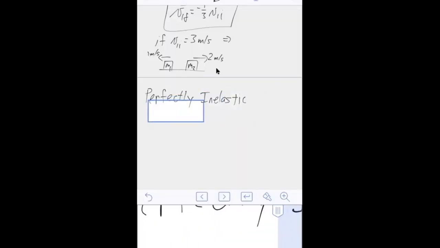Perfectly inelastic is so objects stick together. So if you are a falcon, you want to catch the duck after you collide with it, so that you can eat it.